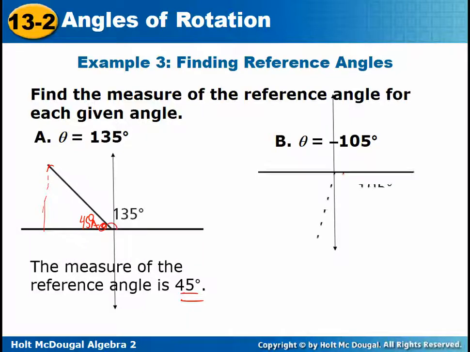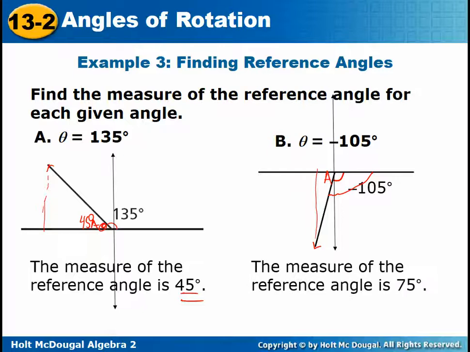In the second one, it's a negative rotation. So we always start on the x-axis, and you go 90, and then you need 15 more to get to 105, and then you sketch it, and then you're looking for this angle in here. That's your reference angle, is inside. It makes your right triangle with the x-axis.